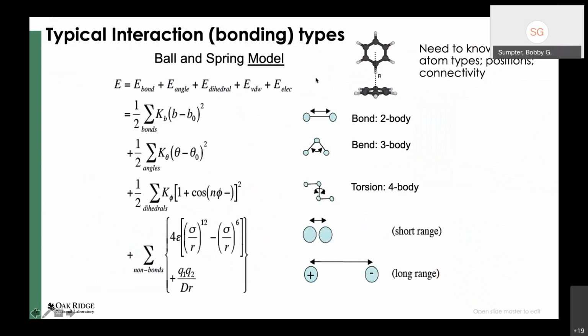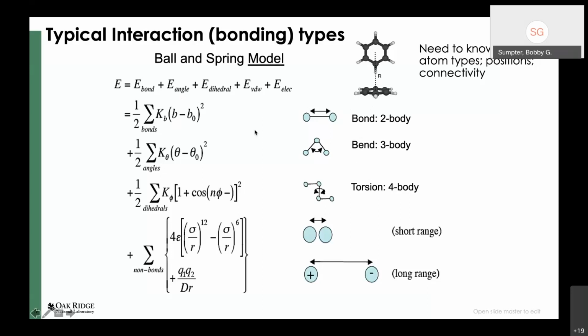And we can just specify each atom connected to another atom by a bond, and then three atoms connected and interacting through a bend, or four atoms connected and interacting through a torsion. And then there are interactions that are not directly connected, which are called van der Waals or long-range interactions. We can specify potential energy functions for any of those types of interactions: the bonds, the bends, the torsions, and the non-bonded or van der Waals interactions.